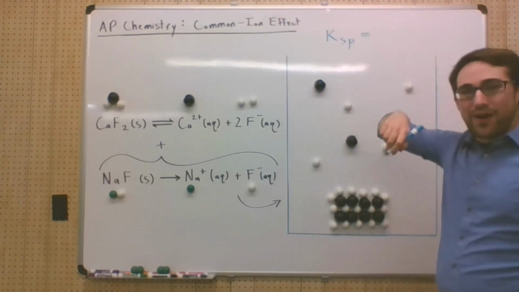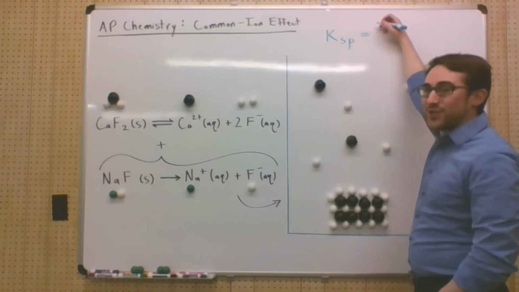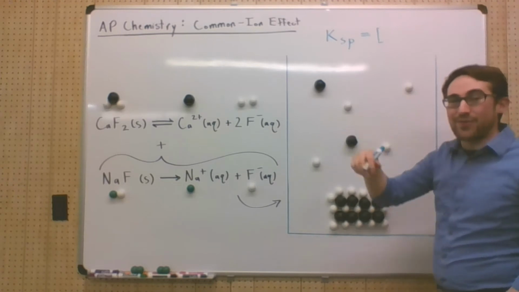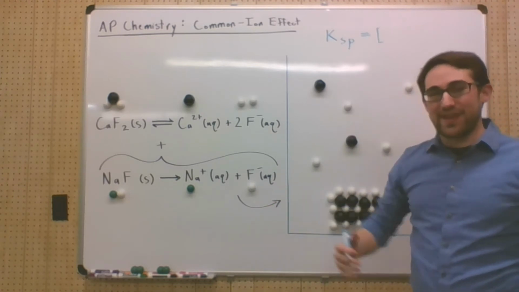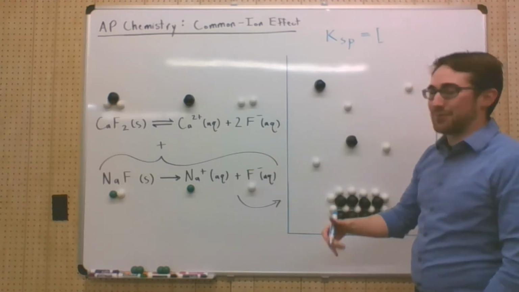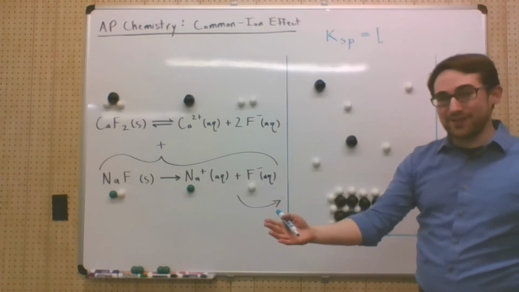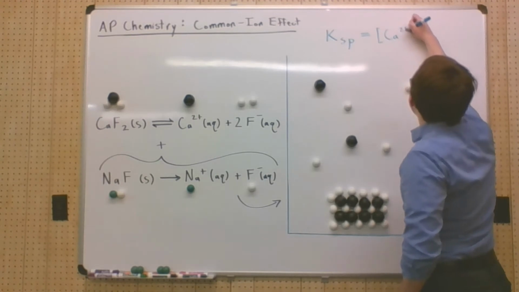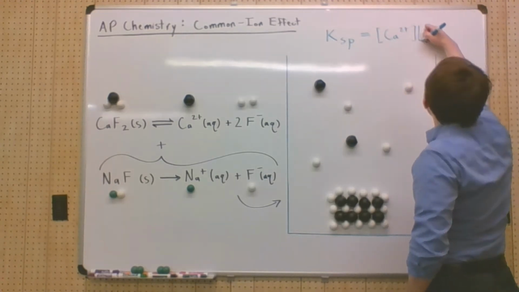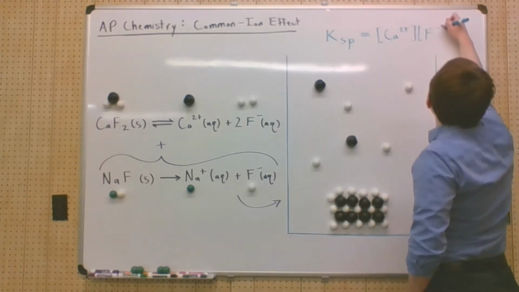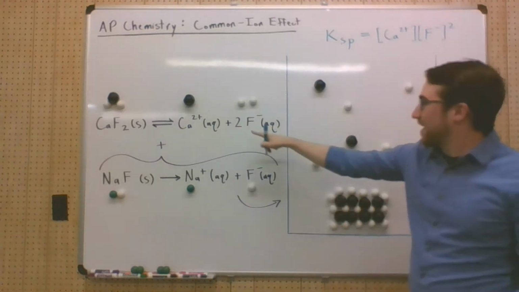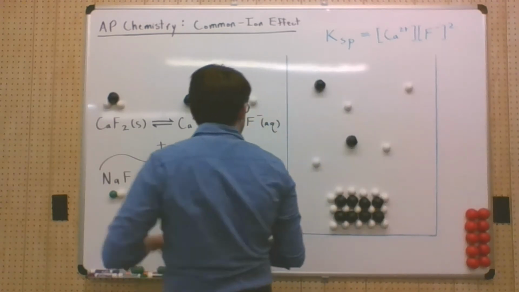So my solubility product has the concentrations of my two ion products, where the concentration is how soluble they are, how concentrated they are in a saturated solution. And again, we plug in molar values of concentration without the units. Don't forget the squared, because I've got a coefficient of 2 out front here.